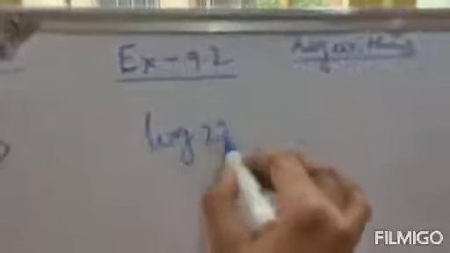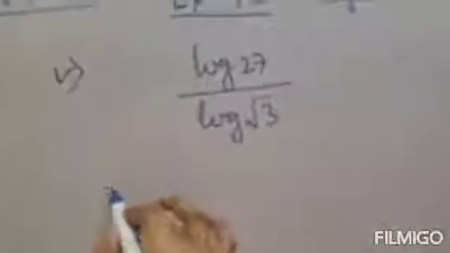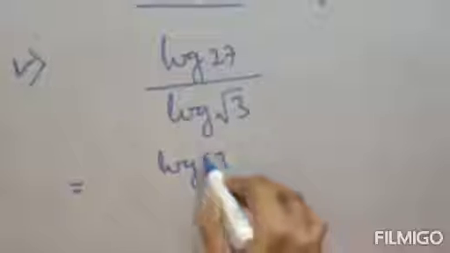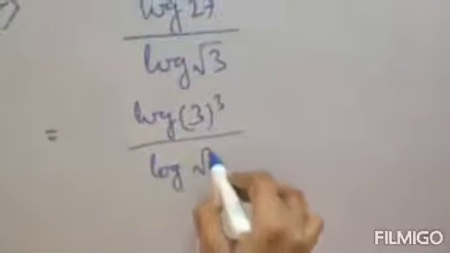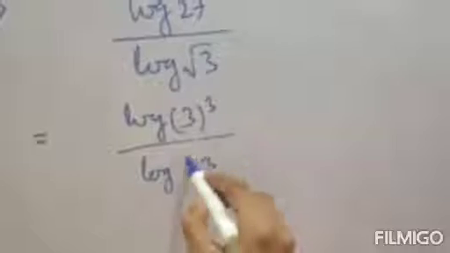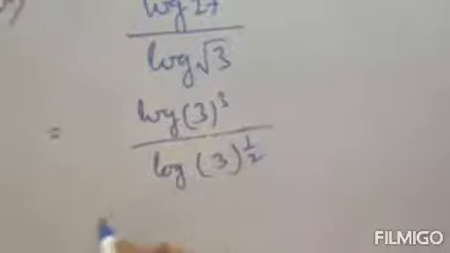Question number 5: log 27 divided by log root 3. Now 27 can be written as log 3 to the power 3, and root 3 can be written as log 3 to the power 1 by 2.